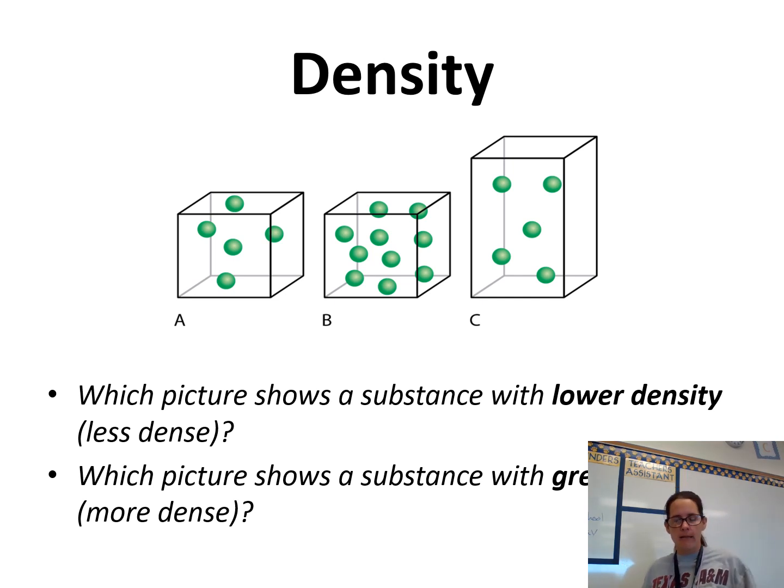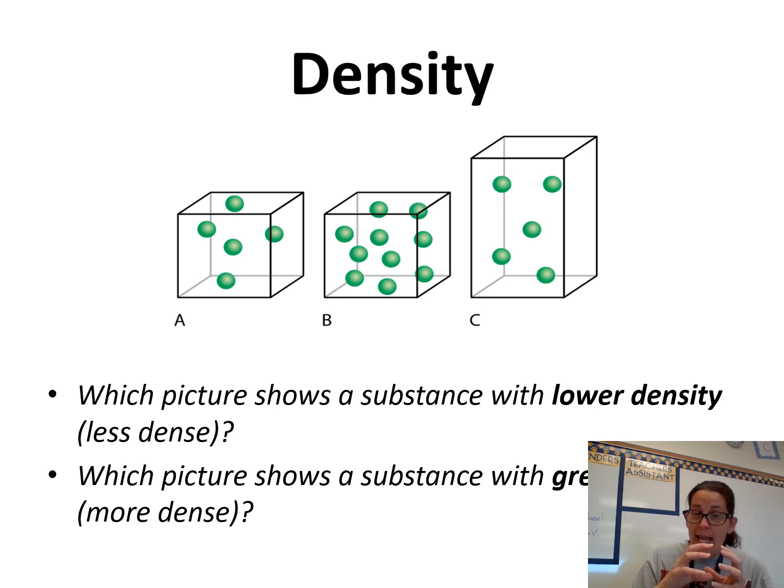So the question is, which of these cubes has the lowest density? Which one has a lower density than the others? If we look at A and B, they have the same volume. A has less atoms in it than B, so A is not as tightly packed together.